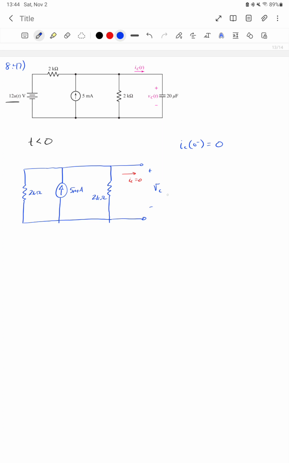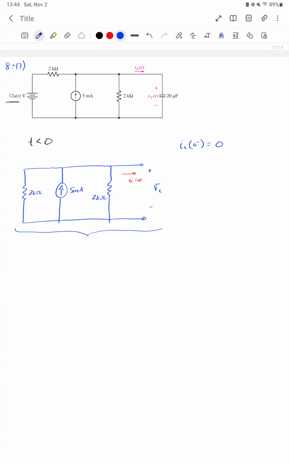So the key to this circuit is this right here is your voltage of your capacitor, which means your capacitor is seeing all the rest of this circuit. That sounds pretty similar to something, right? That's similar to the Thevenin and the Norton equivalents. So we're going to find the Thevenin and Norton for this circuit.